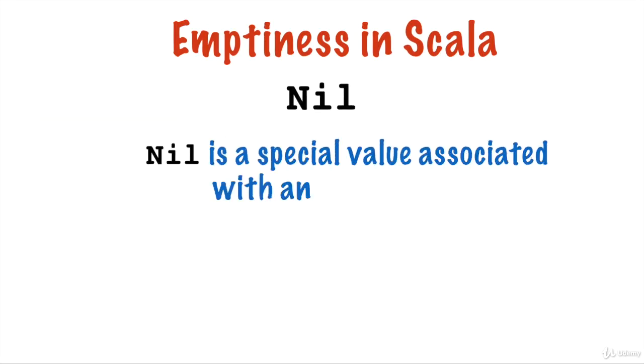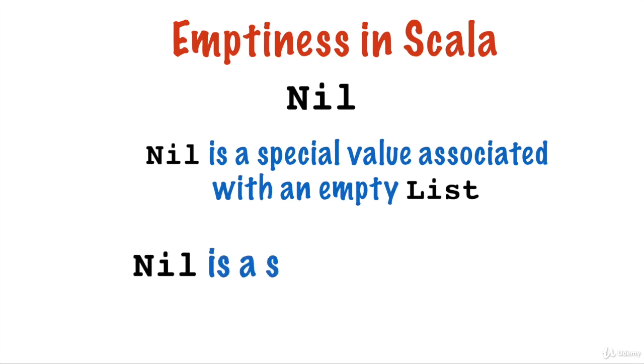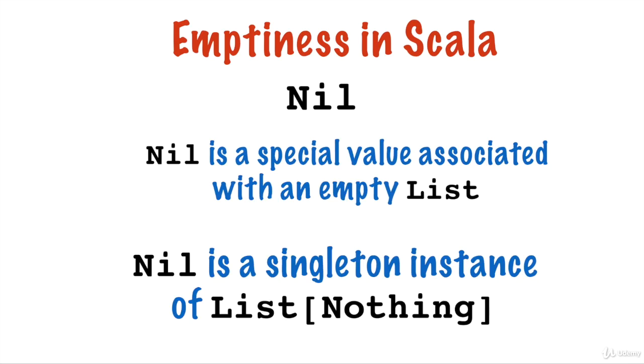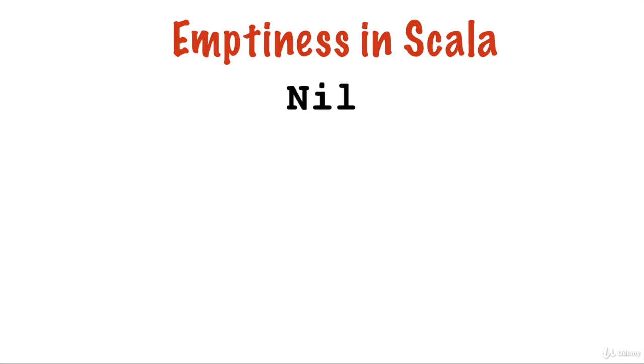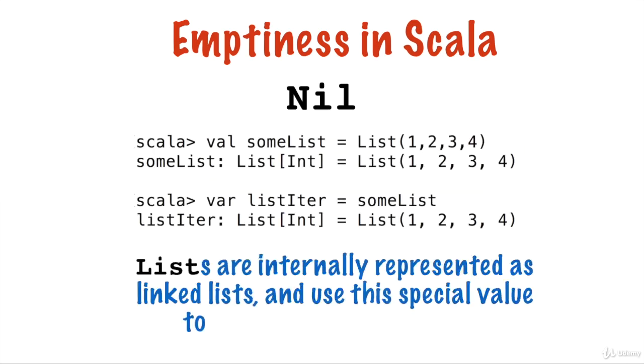Next up is Nil. Nil is a special value associated with the List class. Because the List collection is so important in Scala, we will return to Nil later on in this course. Nil is actually a singleton object of the type List of Nothing. Don't worry if this doesn't make a whole lot of sense.